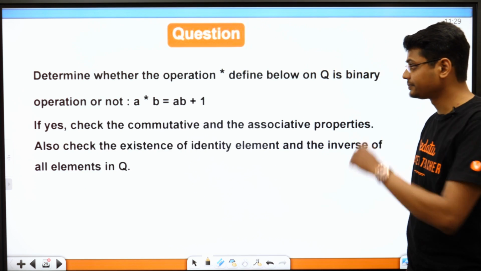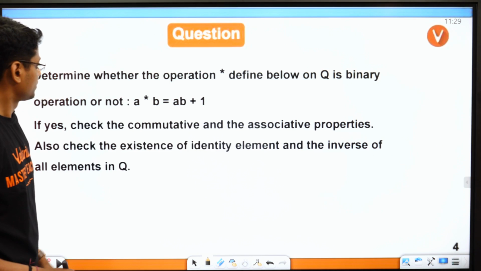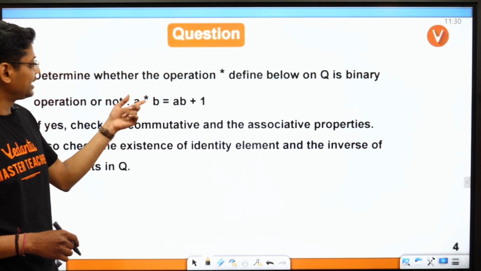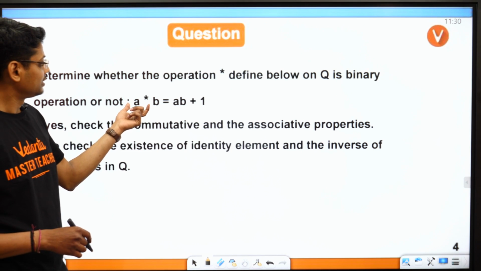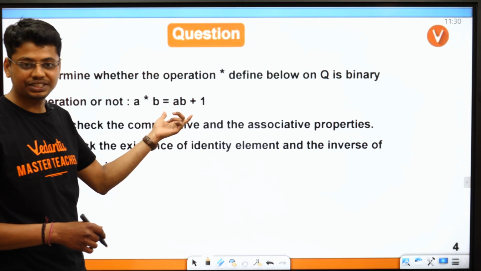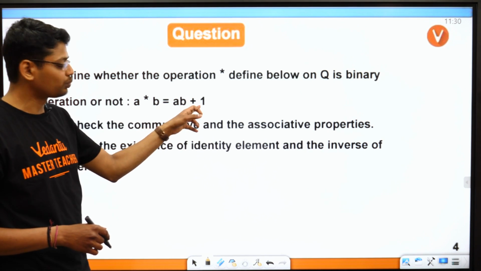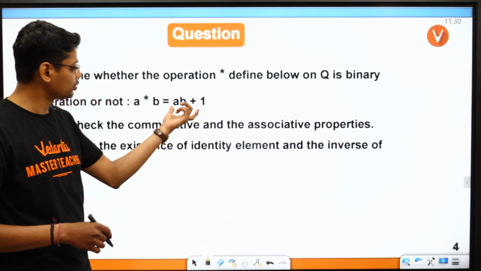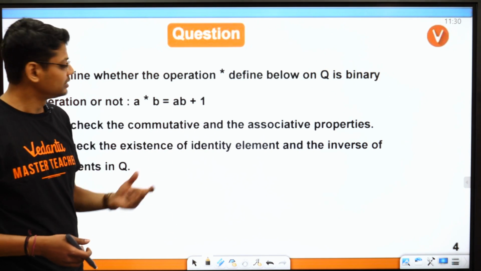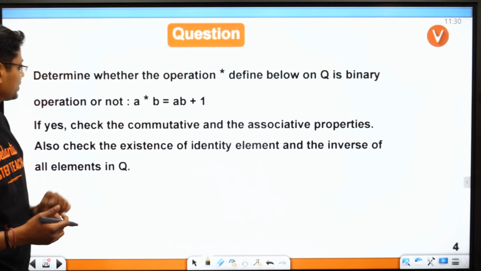All right. So how do we do it? Basically, I can say that if a and b are rational numbers, then a * b, which is ab + 1, is also a rational number. a and b are rational numbers, so ab will be a rational number plus 1. 1 is a rational number. So this whole expression would become a rational number. All right. So that's it. That means it is a binary operation.